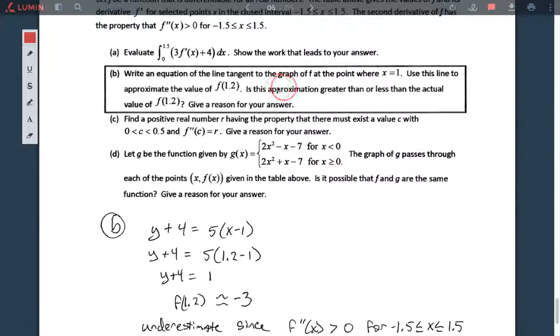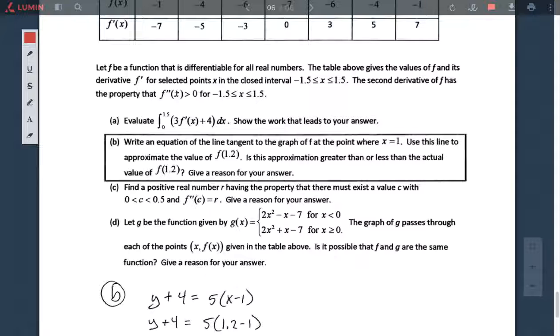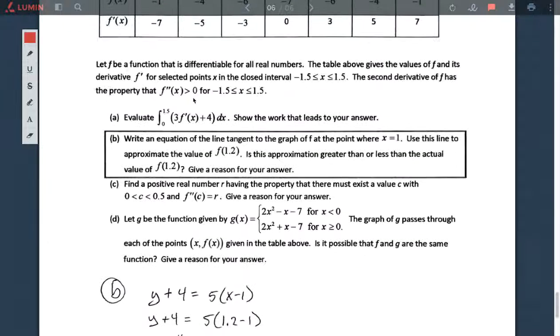Again, this one wants to know, is my approximation greater or less than? So that means I've got to know something about the second derivative. And if you come in here, it says the second derivative is greater than 0, which means the second derivative is positive, which means my function is concave up.